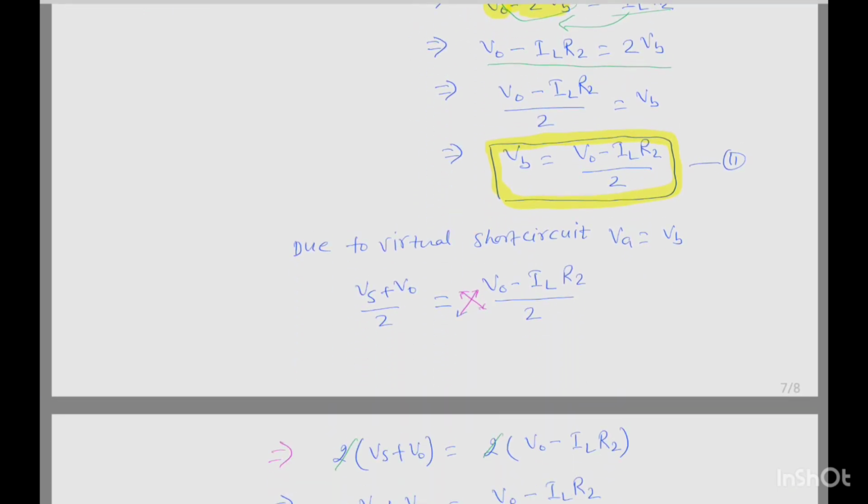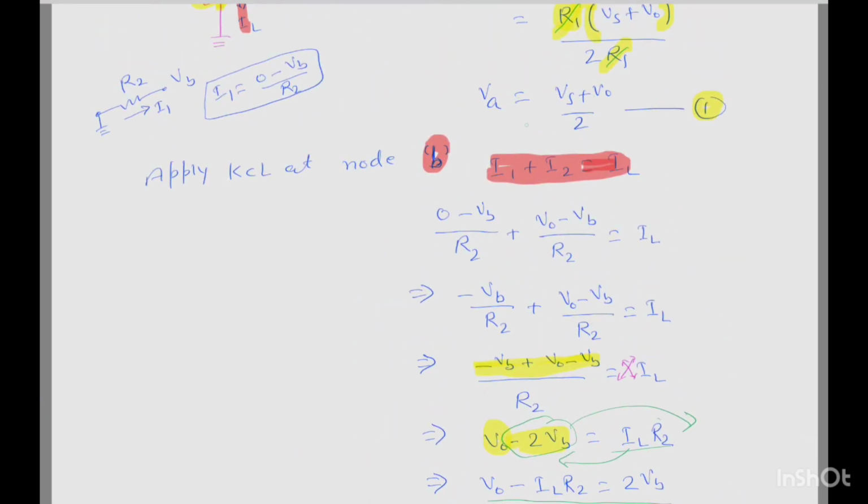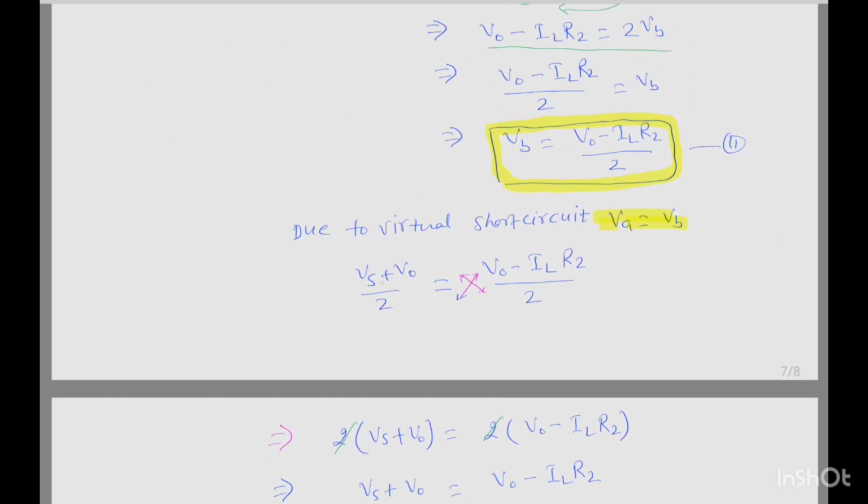Due to the virtual short circuit, VA is equal to VB. VA equal to Vs plus V0 by 2, and VB is V0 minus IL R2 upon 2.